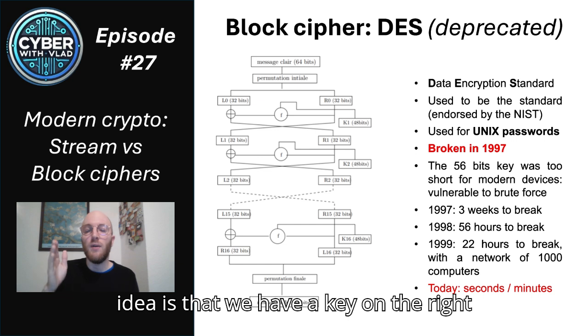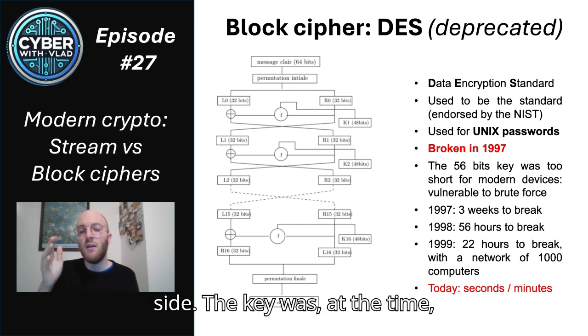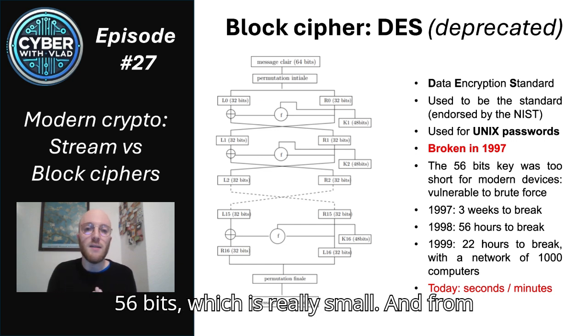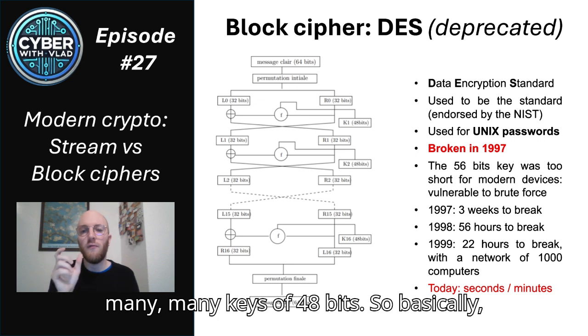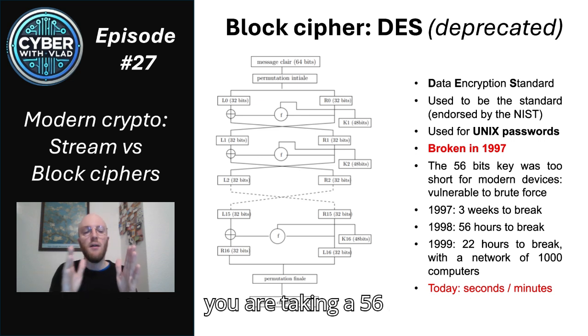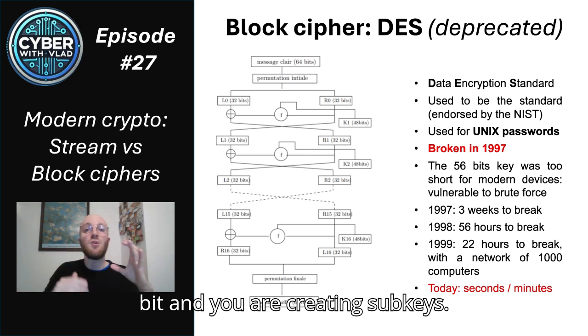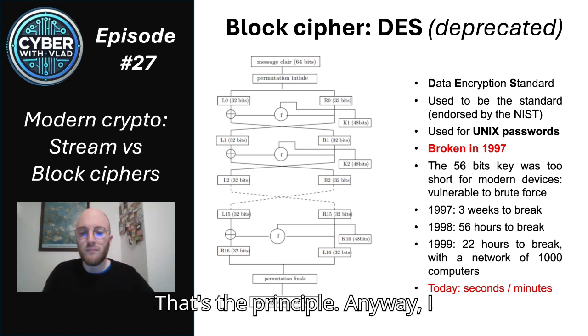The idea is that we have a key on the right side. The key was at the time 56 bits, which is really small. From those 56 bits, we were deducing many keys of 48 bits. So basically, you are taking a 56-bit key and creating subkeys. That's the principle.